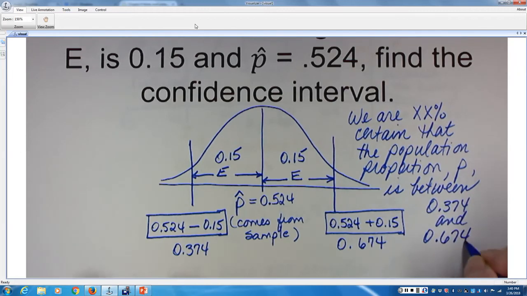So that's kind of how it all fits together.